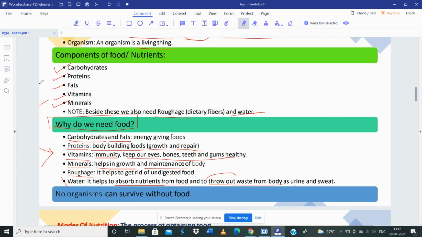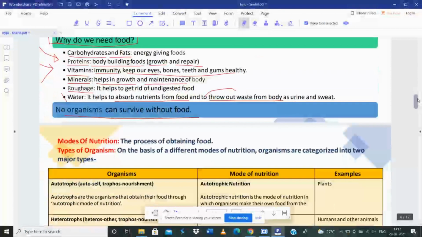We need food because our food contains several nutrients and these nutrients perform important functions for us. So we can conclude that no organism can survive without food, right? Exactly. So let's move forward.